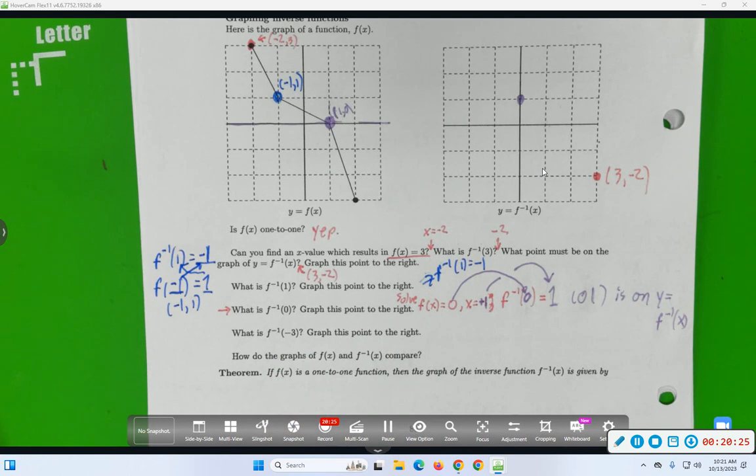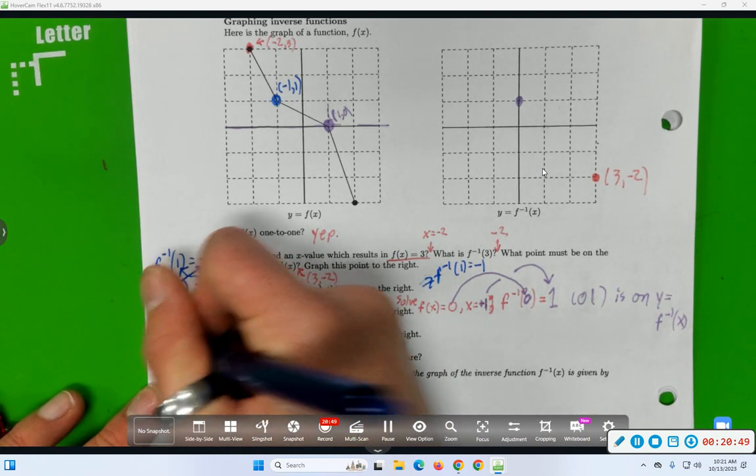What is f inverse of negative 3? You've given an answer that includes the right answer, but it's an answer to technically a different question than I was asking. You told me the point on the graph.